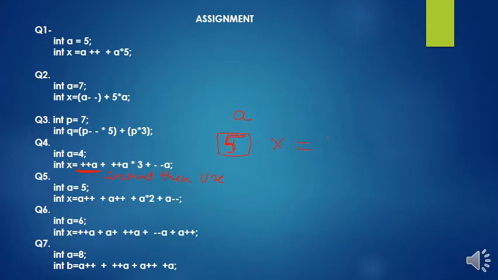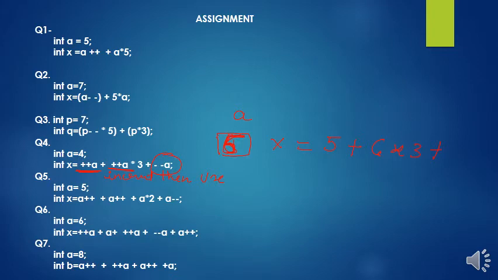So 5 plus, again prefix increment, change then use. Change means 5 plus 1 is equal to 6 and then use, 6 into 3, plus --a, again it is prefix decrement. So change then use.